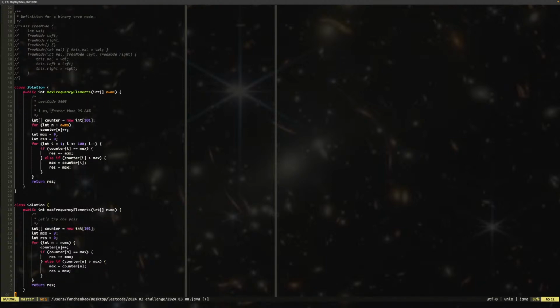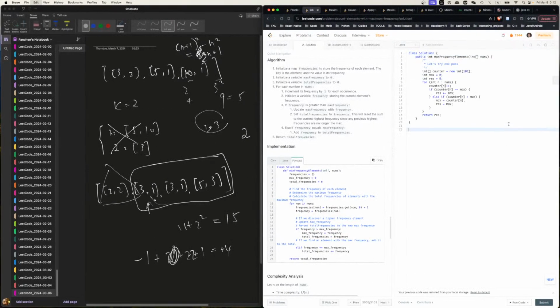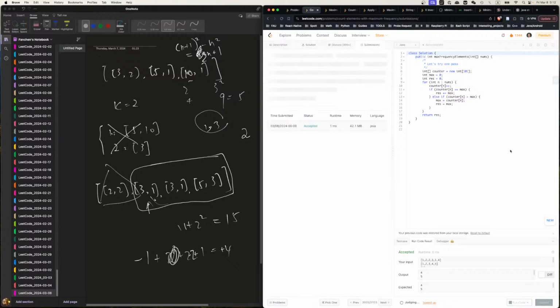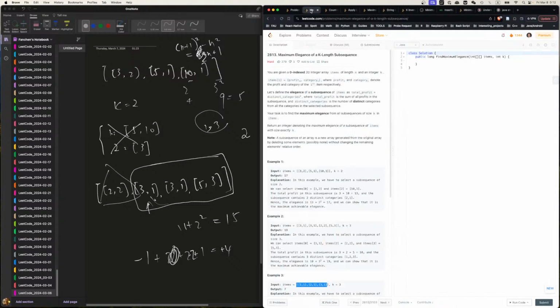Yeah, this will actually work. Holy crap, this might actually work. Yeah, one pass works. All right, good.